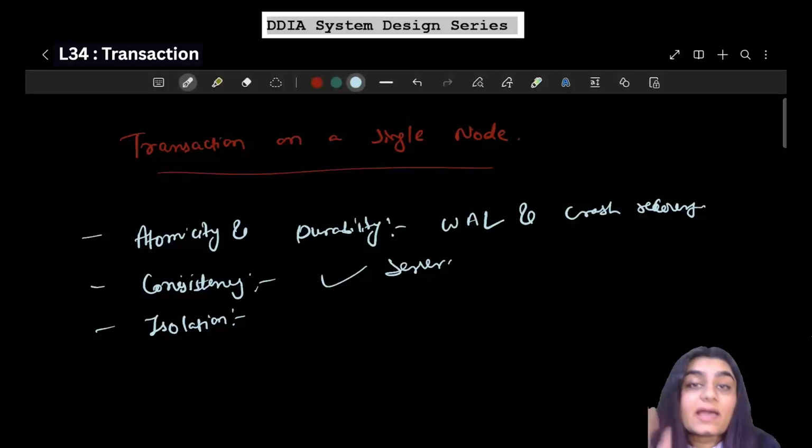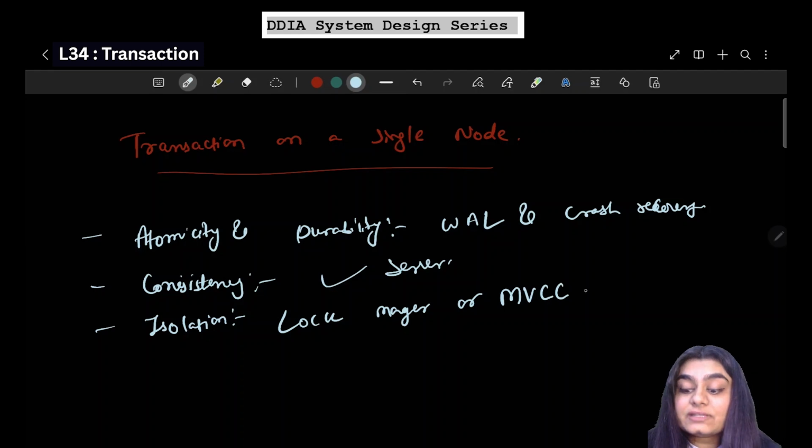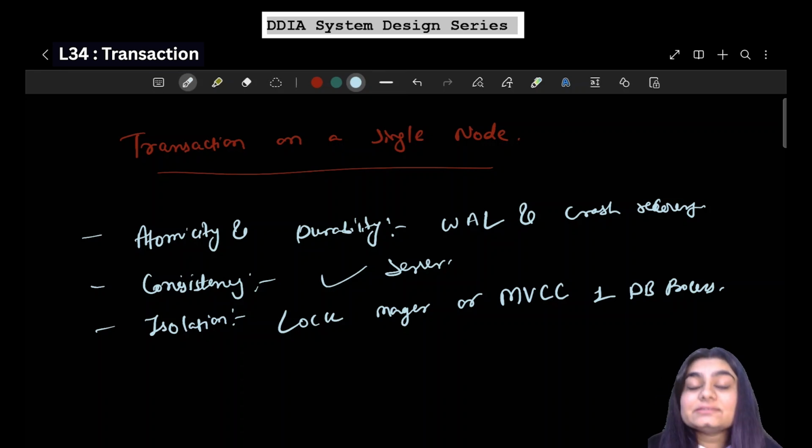We achieve isolation via a lock manager or MVCC within that one database process. All of this occurs on the same machine, so there is no network latency or split brain scenario to worry about when coordinating a transaction. Either the transaction commits on that server's disk or it doesn't commit at all.